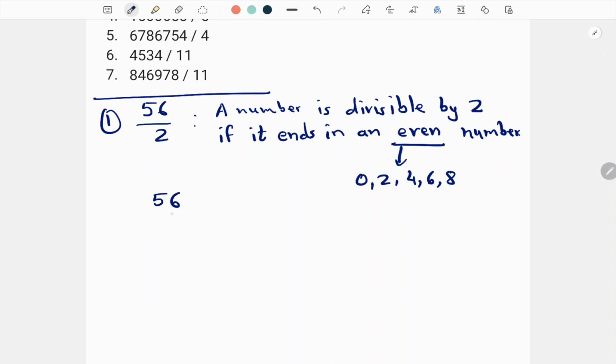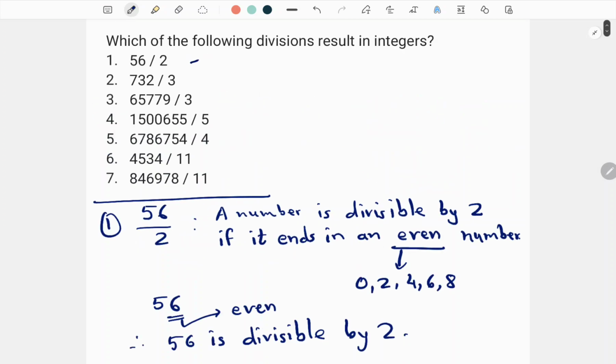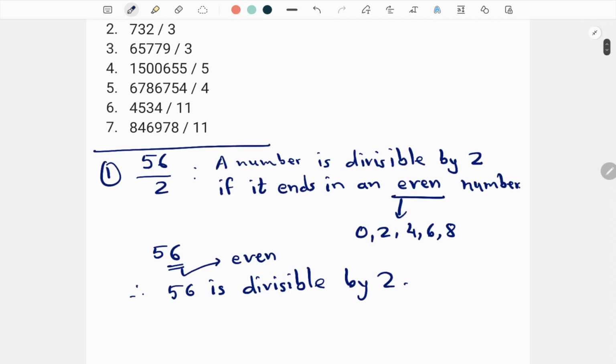So we have 56 here. It ends in a 6, which is an even number. Therefore, 56 is divisible by 2, and therefore 56 divided by 2 will result in an integer.